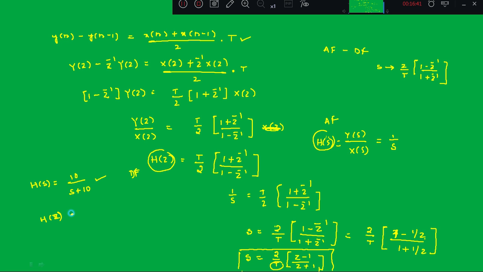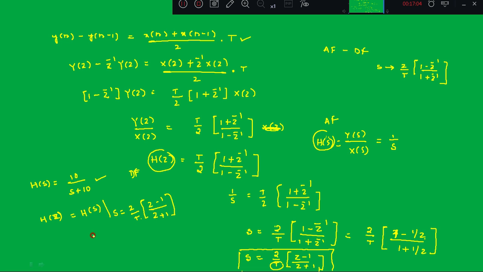So this H of z can be obtained by substituting s is equal to 2 divided by T times (z minus 1) divided by (z plus 1) in the H of s.